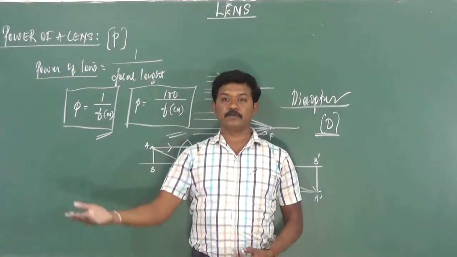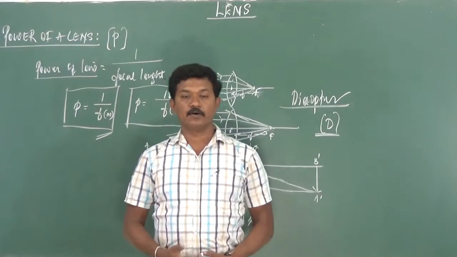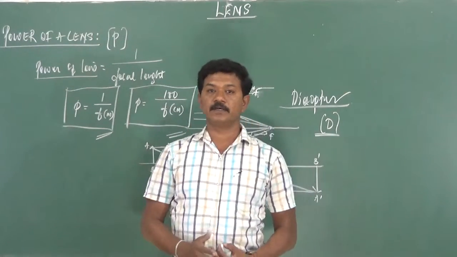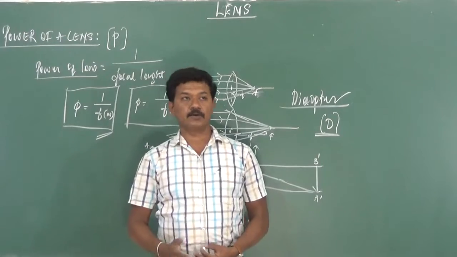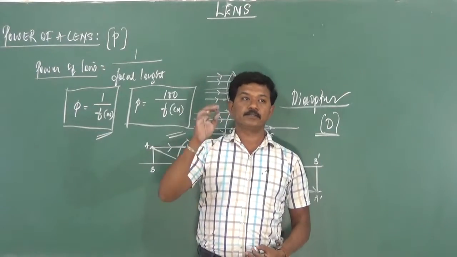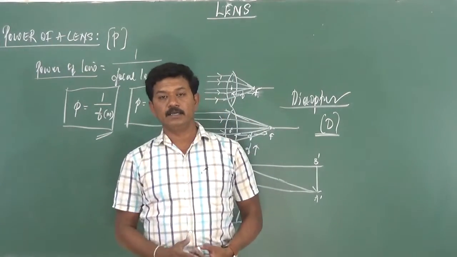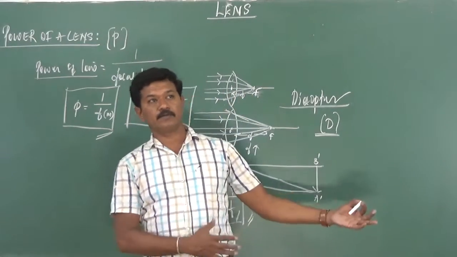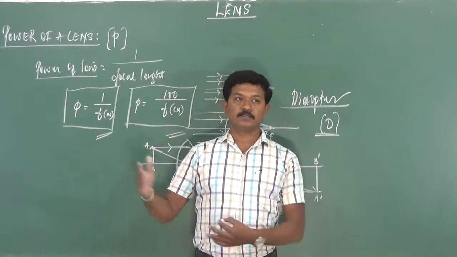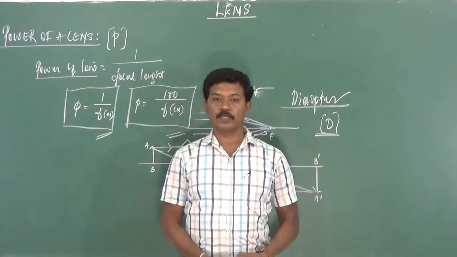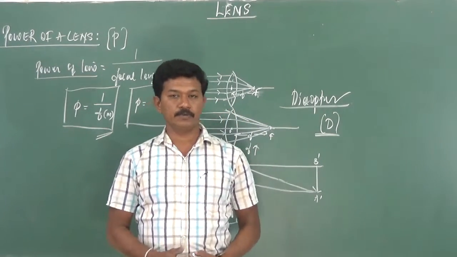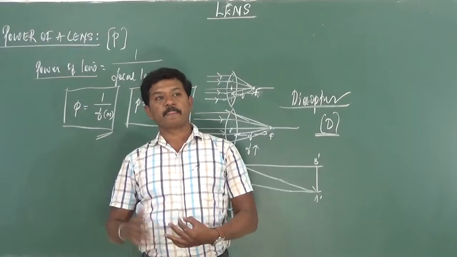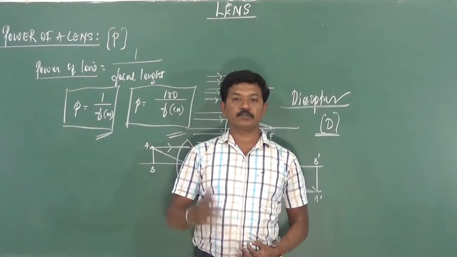Apart from that, concave lenses are used in correcting one of the defects of the human eye, that is called myopia or short-sightedness. Very important. So these are the uses of lenses. Many uses are there for convex lenses, and one use is there for concave lenses: to correct myopia or short-sightedness.